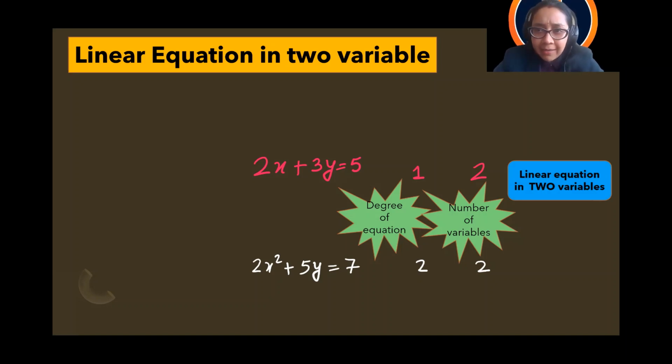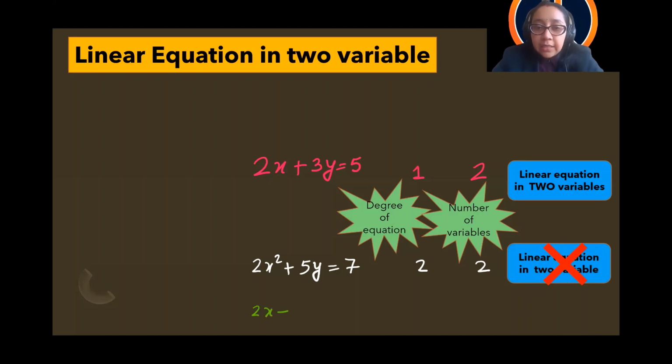So can you tell me, write me yes or no in the chat, whether this equation 2x squared plus 5y equal to 7 is a linear equation in two variables? Write it now. Okay, correct. So it is not a linear equation in two variables. Why? Because the degree is not 1.